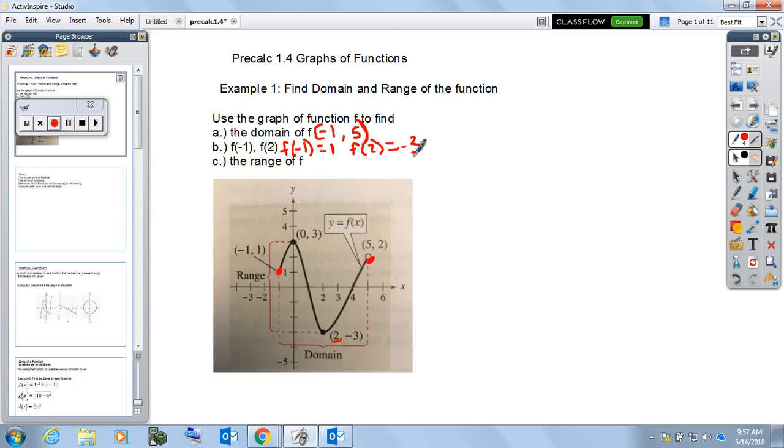So what's the range? The range is the lowest y value to the highest y value that we are dealing with here. And so it looks like in this case we are going from -3 to 3. Both of them closed because we include those high and low y values there.